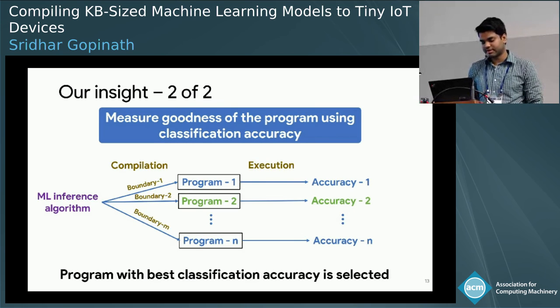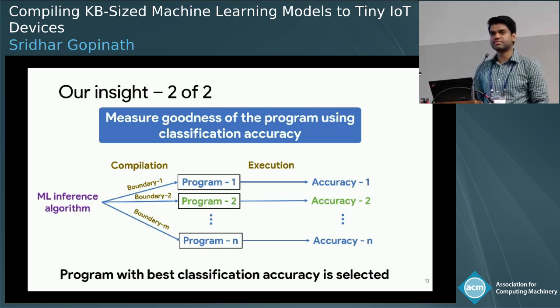To explain this further, consider an ML inference algorithm given to the framework. The compiler generates multiple fixed point programs with different boundary placements present in them. Now, the number of generated programs is a constant and doesn't depend on the input algorithm.